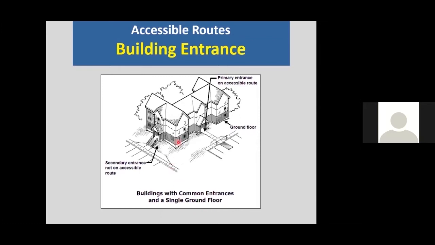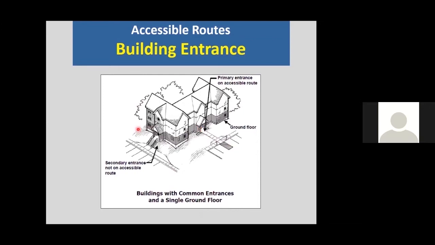This building presumably has dwelling units only. It is interconnected throughout this ground floor. There's no elevator. So all of these units on the ground floor are required to comply. This law requires that you provide at least one accessible entrance to all of these units.